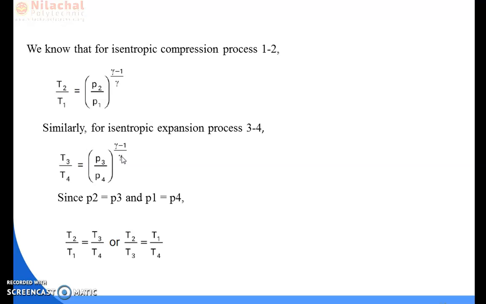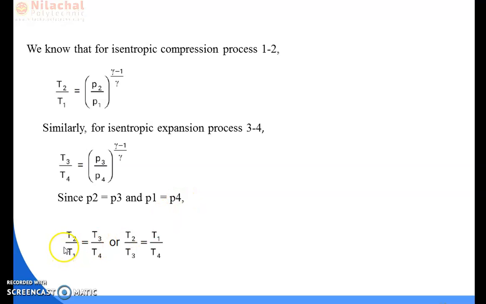All of you observe that the condenser and the refrigerator both work at the same pressure. Condenser at constant pressure, refrigerator also at constant pressure. So here P2 is equal to P3 and P1 is equal to P4.